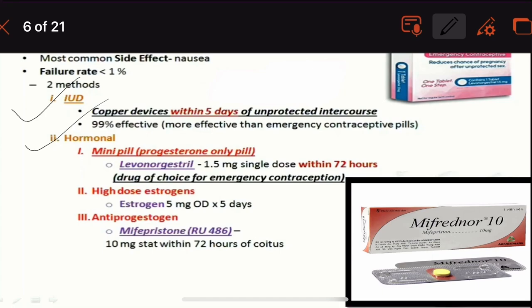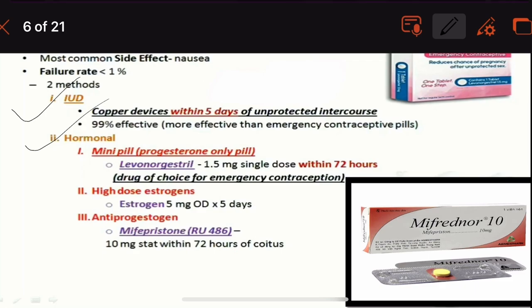Moving on to hormonal. Under hormonal, we had three things: mini pill, that is progesterone only pill, high doses of estrogen, and anti-progestogen. Under mini pill, it contains levonorgestrel 1.5 mg single dose within 72 hours. So we see that most often a hormonal method is preferable.